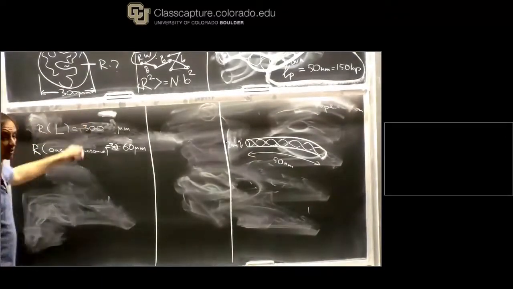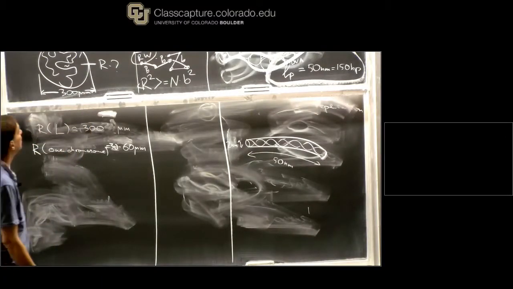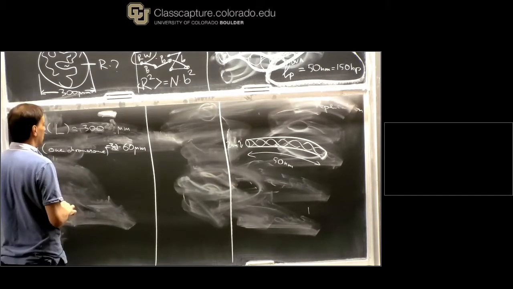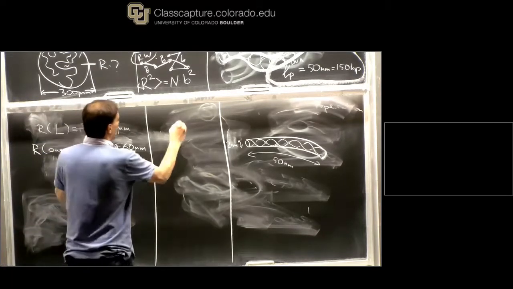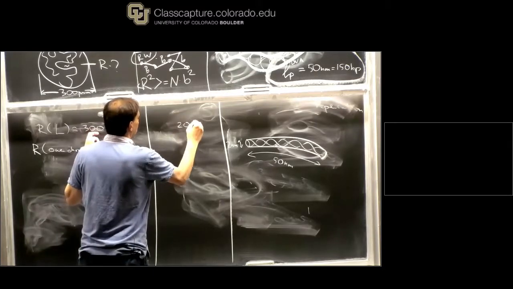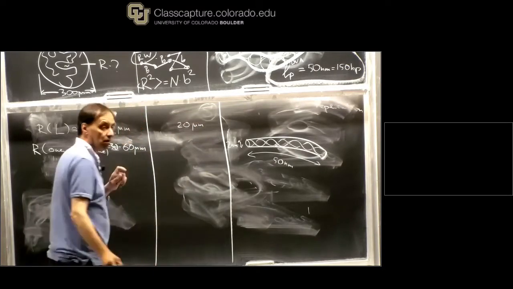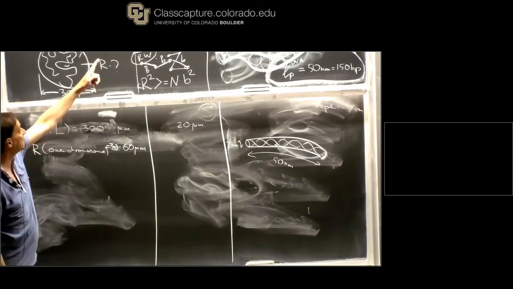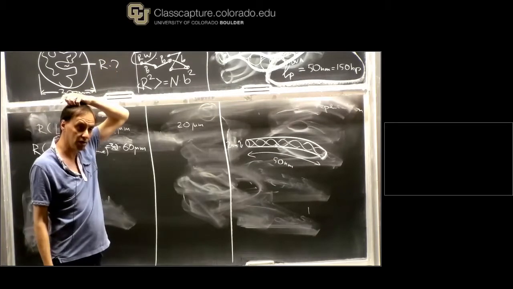Whatever, 17. So this should be 15 times smaller, so this is like 20 microns. Now I need to divide by 12 chromosomes.